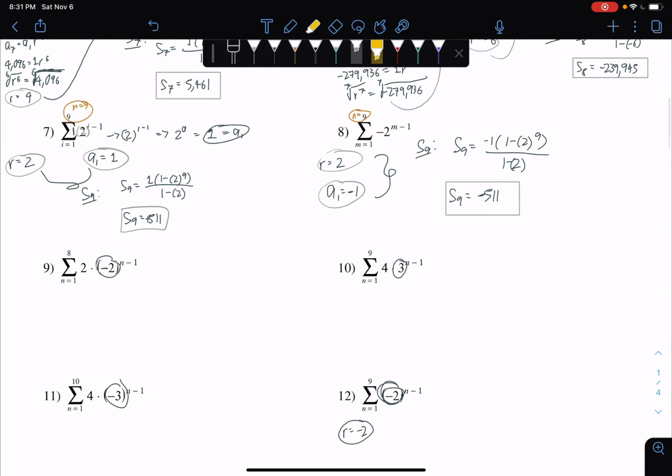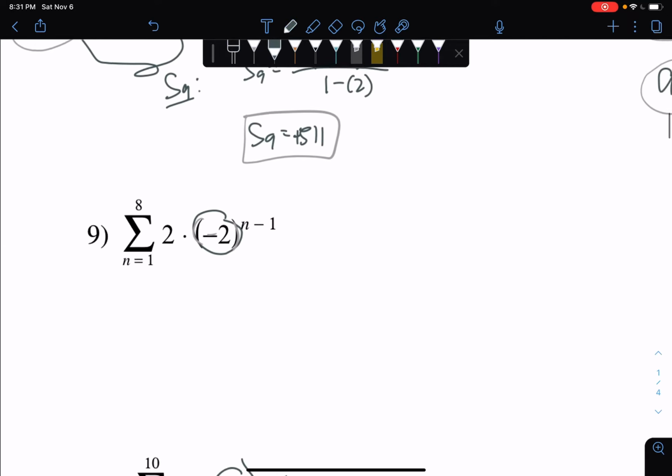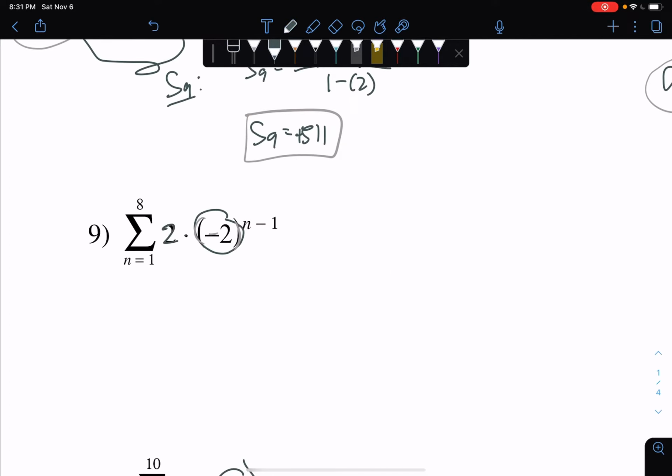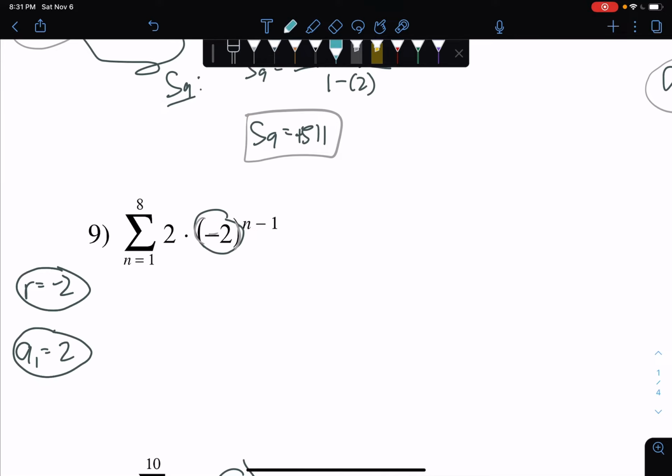Now, let's move to number 9. Alright, this time we have 2 numbers. So it's a lot easier to conclude that r is equal to negative 2 and our a sub 1 is equal to positive 2. So as if a sub 1 r raised to n minus 1, right? Alright, what we're trying to find is S sub 8 because n is equal to 8.